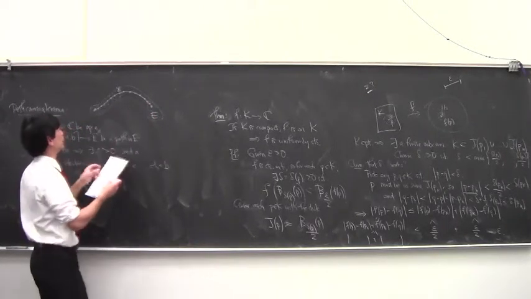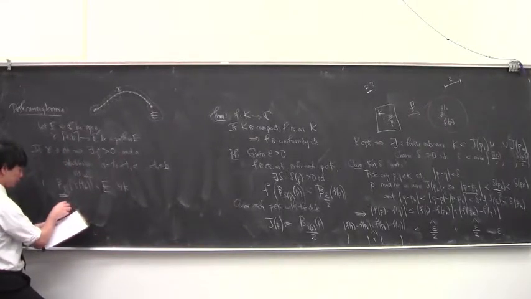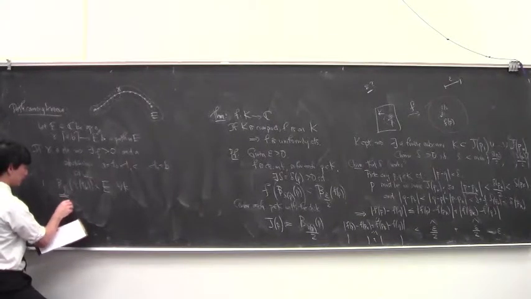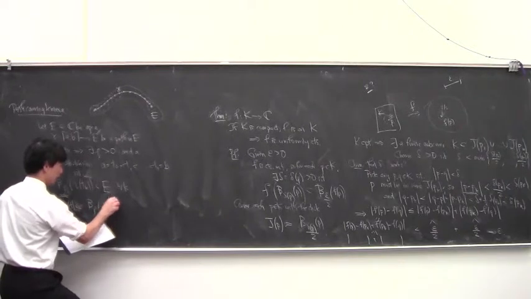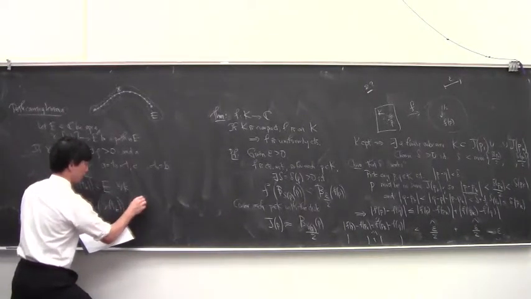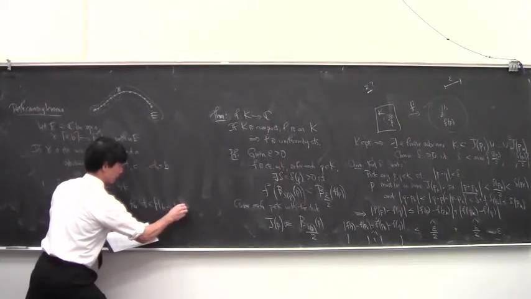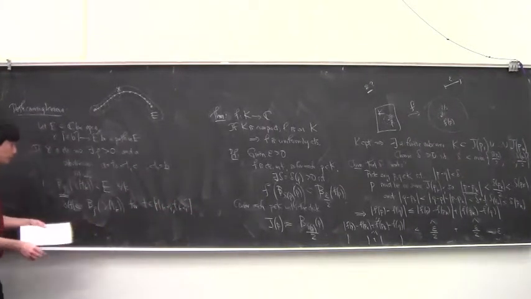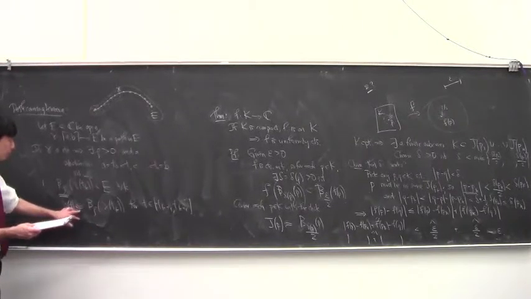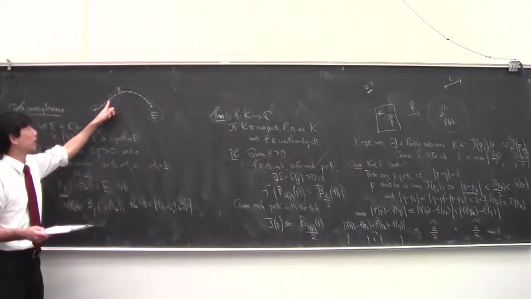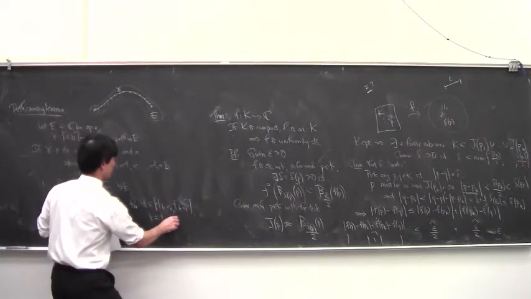So gamma of t is contained in the ball of radius rho around gamma of tk for all t in [tk minus 1, tk plus 1], for the inside guys, for k being 1 to n minus 1.